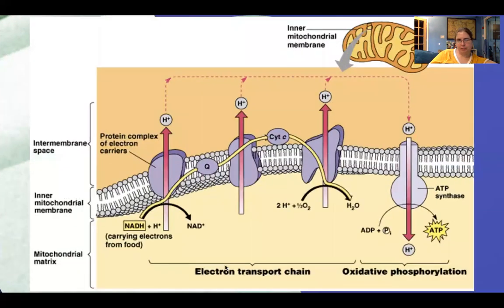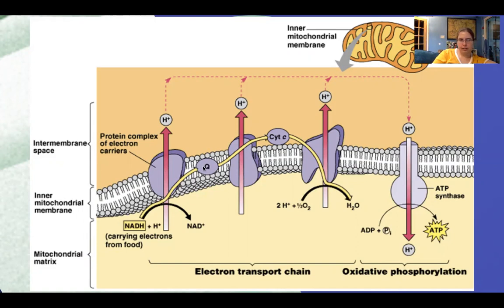So here's a picture. This is taking place in between. We have the intermembrane space, the space between the outer membrane and the inner membrane. And this down here is the matrix. So the electron carriers drop off their electrons at this first protein.